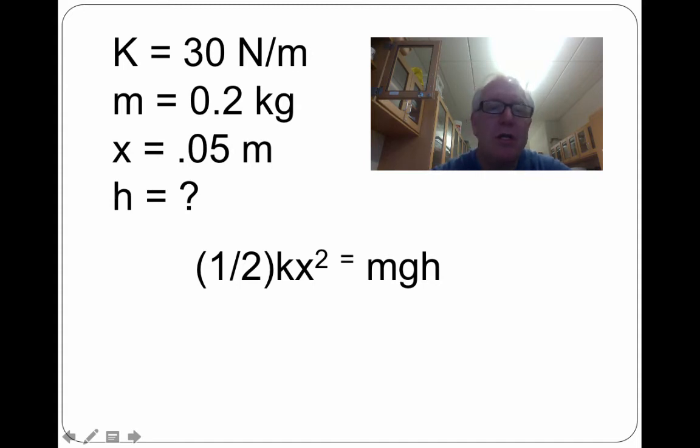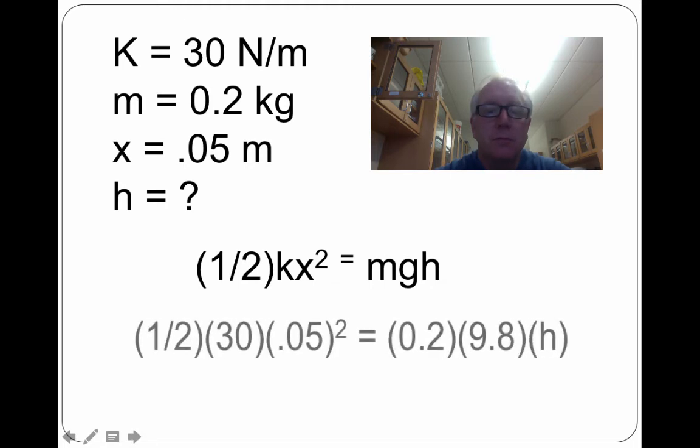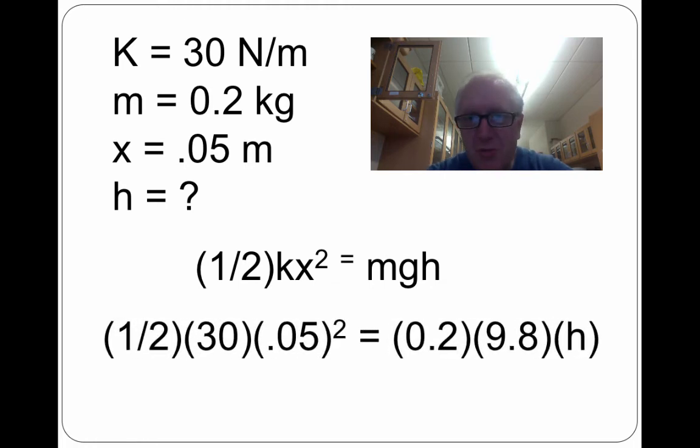So that's why I'm equating these two things here. On the left is the initial potential energy of the spring, and on the right is the final gravitational potential energy of the object that goes through the air. Okay, so hopefully that made some sense, but I know it can be confusing. So if that didn't do it for you, bring some questions with you back to class.